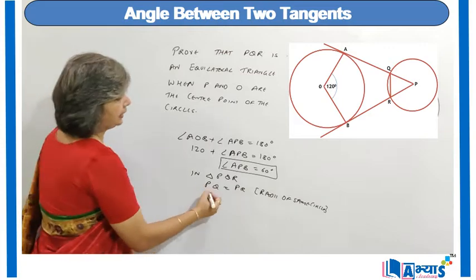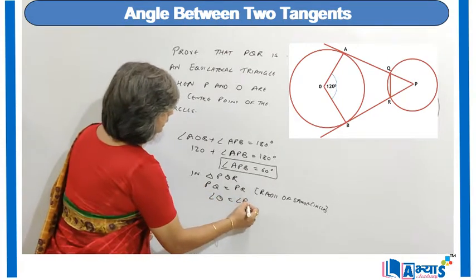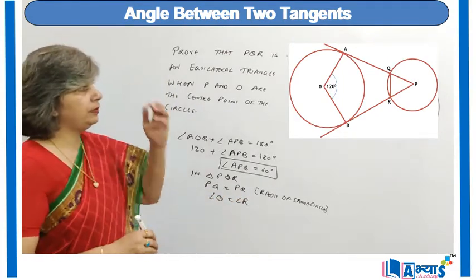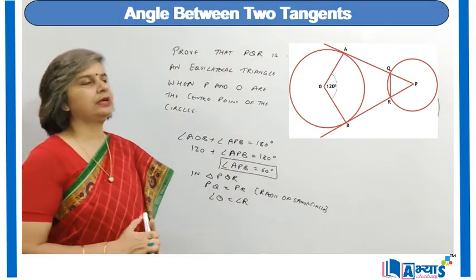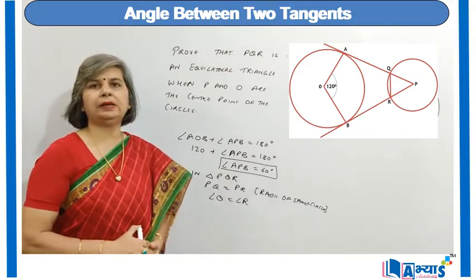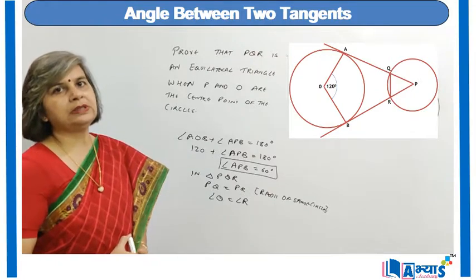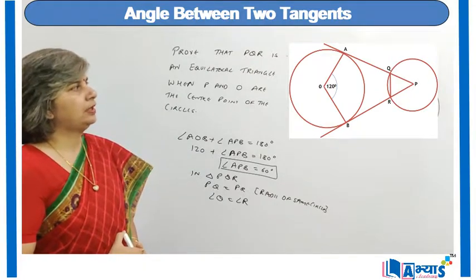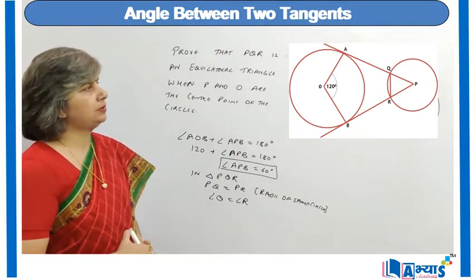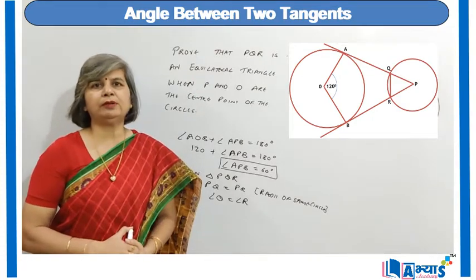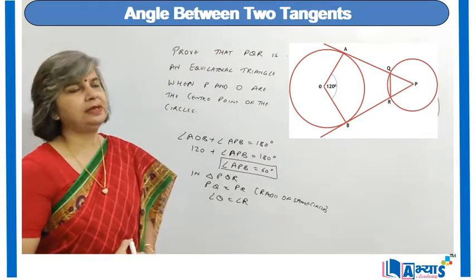So we can say that angle Q is equal to angle R, because PQR is an isosceles triangle, as PQ and PR are the radii of the circle and they are equal.